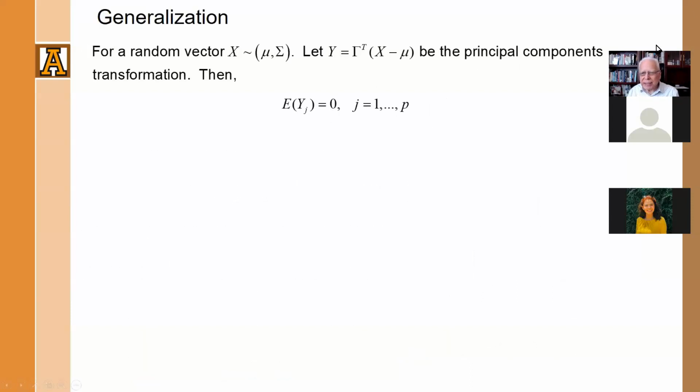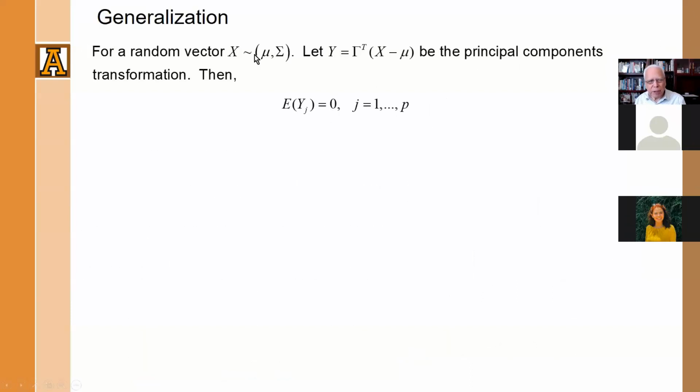Now let's generalize this. We have a random vector x, which has a multivariate normal distribution. But it doesn't have to be normal. The usual assumption is normal, but they don't have to be normal. With mean mu, the only thing that we require is that the mean vector exists and the variance covariance matrix also exists. And let Y be the principal component transformation.